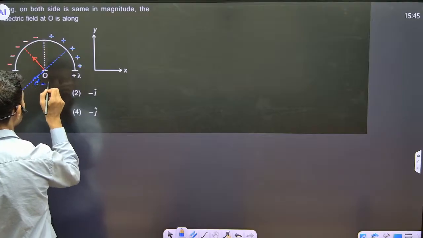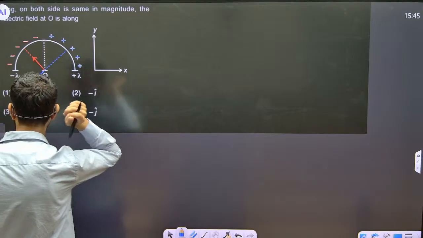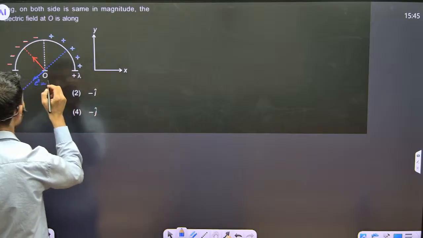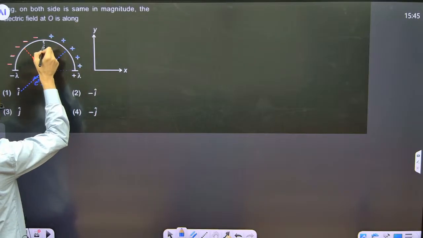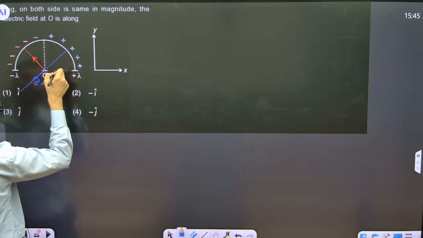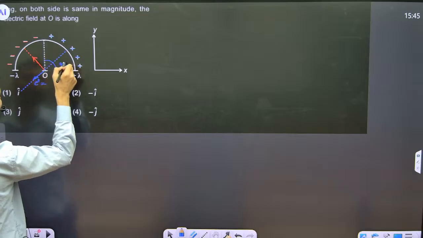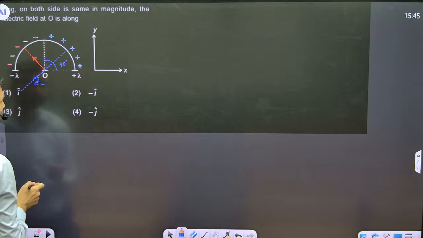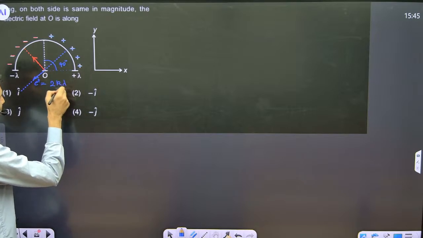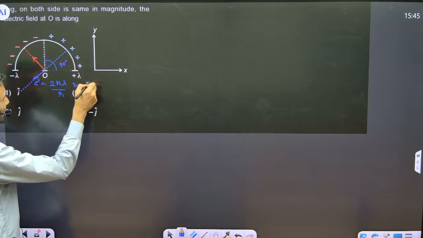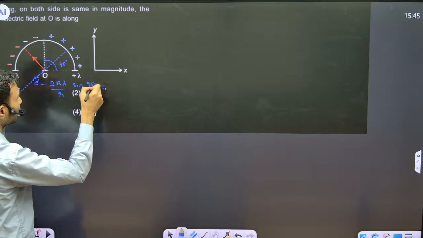And how much is the value, guys? Due to the positive charge, you have to find out the angle theta. This angle is 90 degrees, right? E plus will become how much? The formula is 2k lambda upon r into sine of 90 by 2, which is sine 45.